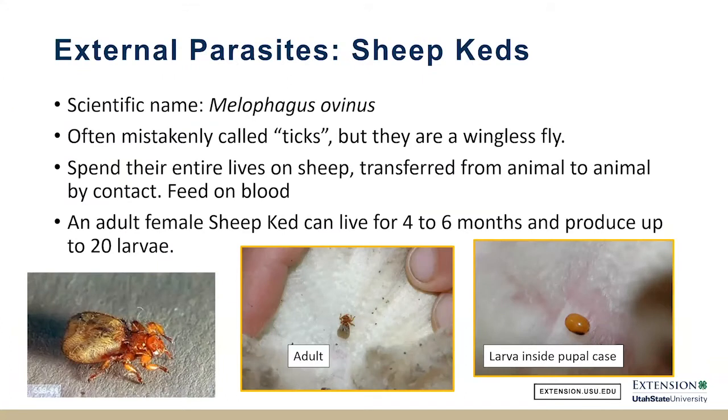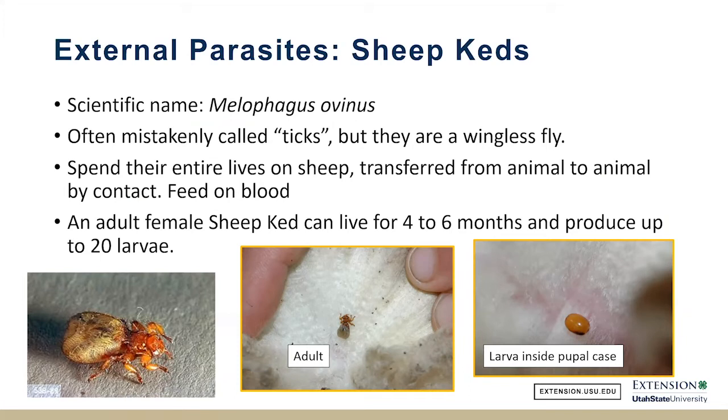So the first one I'd like to talk about is the sheep ked. The scientific name for the sheep ked is Melophagus ovinus. Oftentimes if we see sheep keds on our animals, we identify them and call them a tick. There is some justification to this because they are blood-feeding animals.